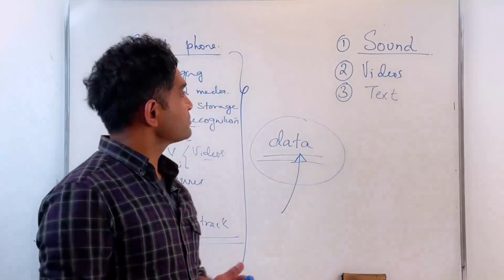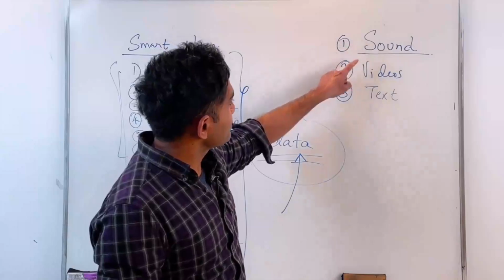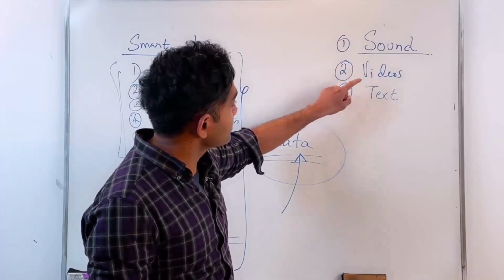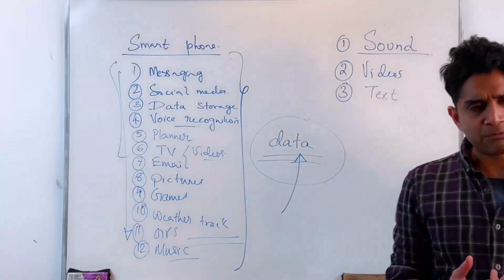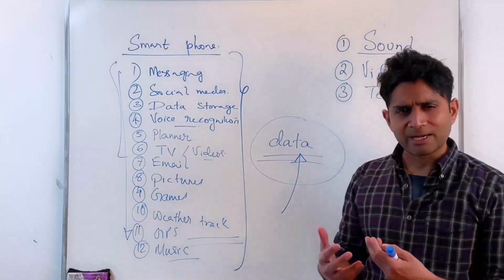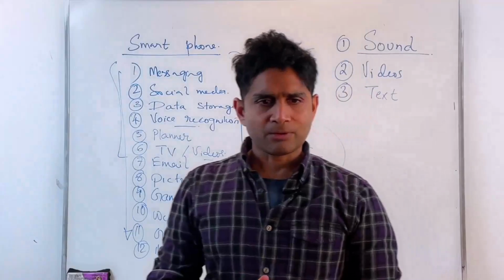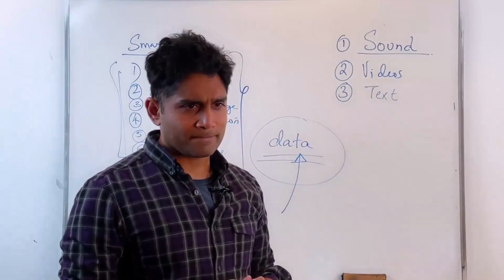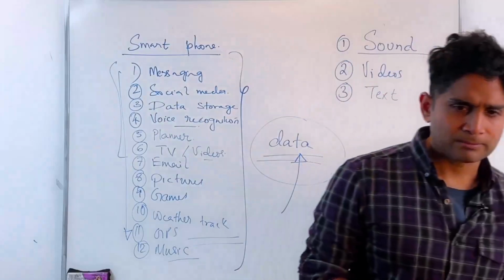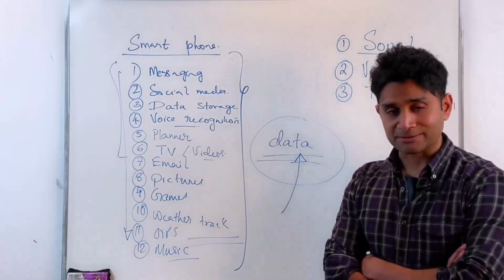The data corresponding to sound should be an electronic signal, video should be an electronic signal, text should be an electronic signal. But in terms of distinguishing all of these, do you think they are represented differently, or what do you think? Any comments from the class?